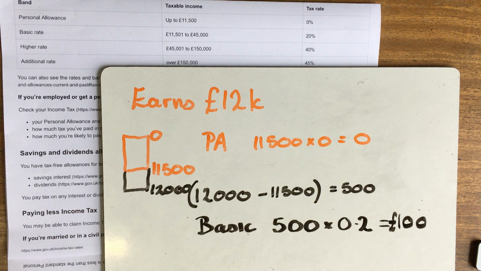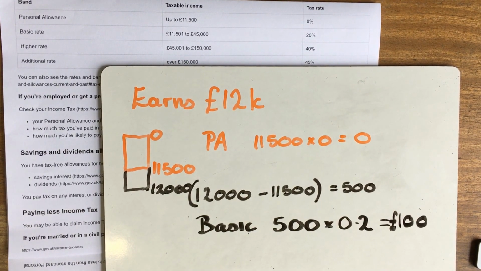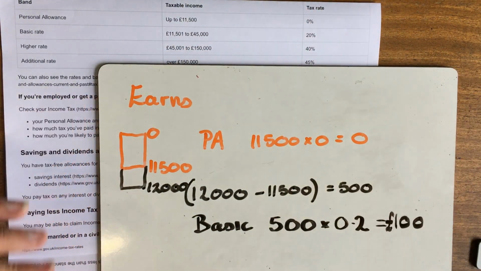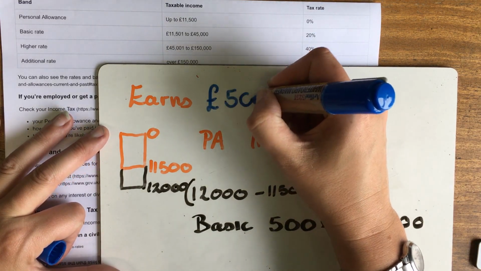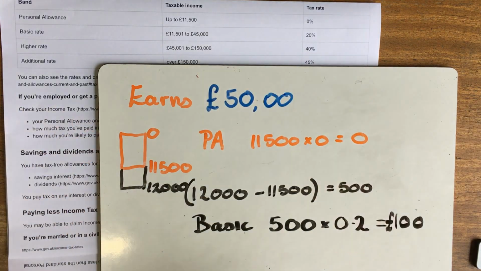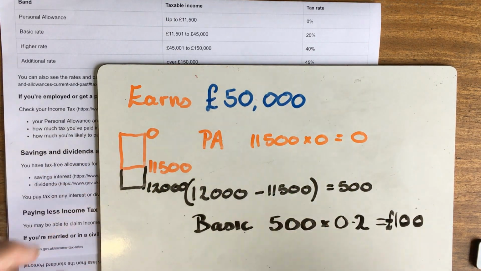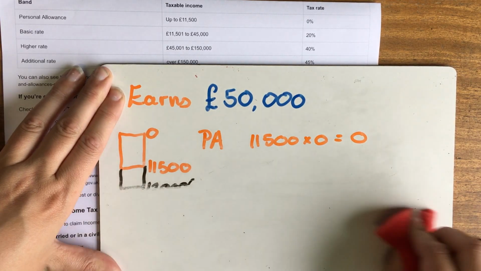So if we get a new person who earns 50,000, then our personal allowance is going to stay the same, but we are going to need slightly more on our basic rate.